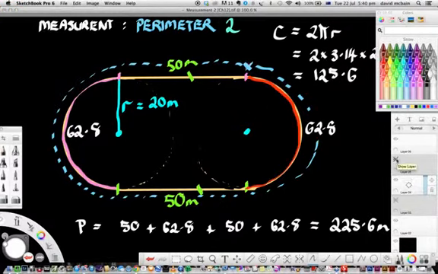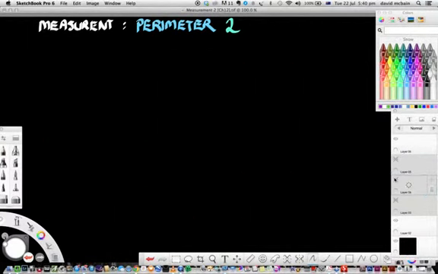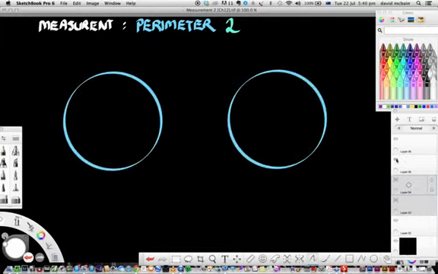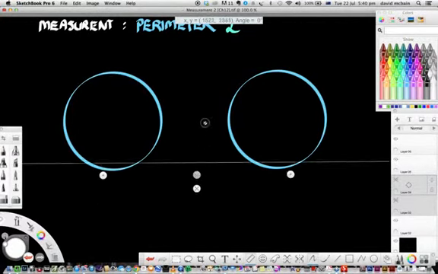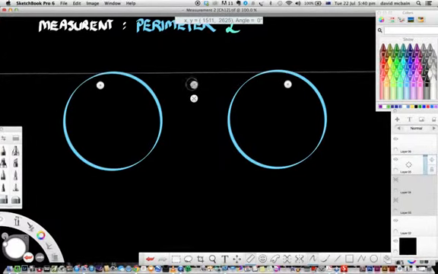Okay, our final example in this video is this one. Now we're going to do something similar, except we're going to do it a little bit differently. We're going to join these circles again like we did before. So I'm going to make a shape where we're going to join these two circles, and we'll get the right colour, blue.